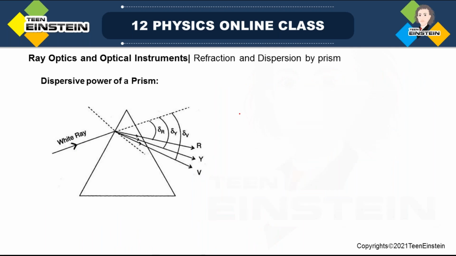Okay, let us discuss this dispersive power. Dispersive power means how much a prism can disperse or deviate a light from its original path. Actually there is a formal definition.